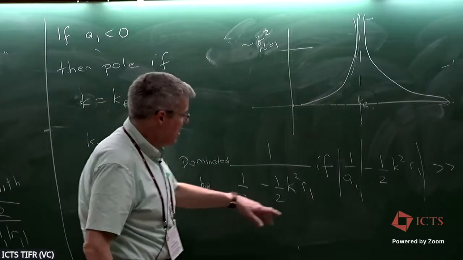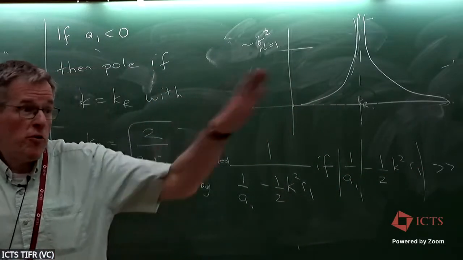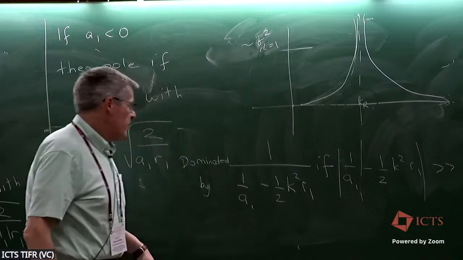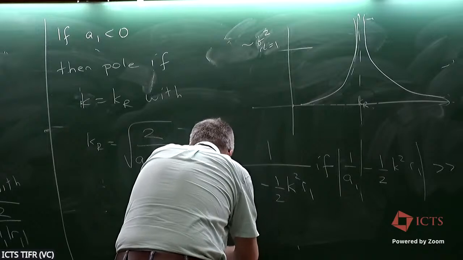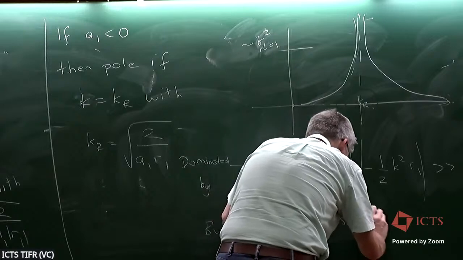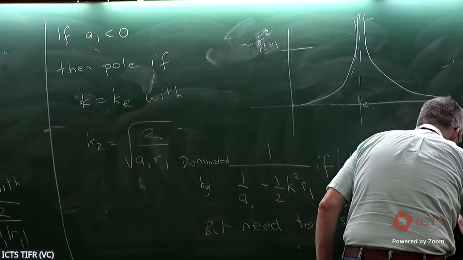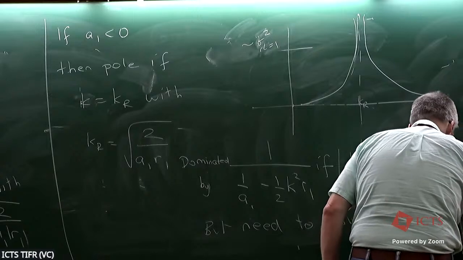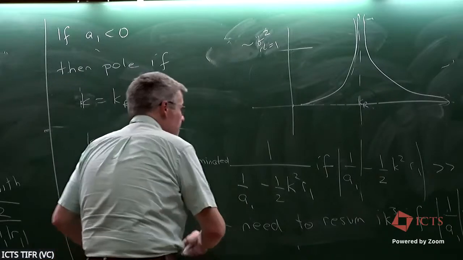But if I'm near a point where this equals 0, and whether that equals 0 in the scattering regime or the bound state regime depends on the relative sign of R1 and A1, if 1 over A1 is approximately 1/2 R1 k squared, then this curve is not going to look like this.